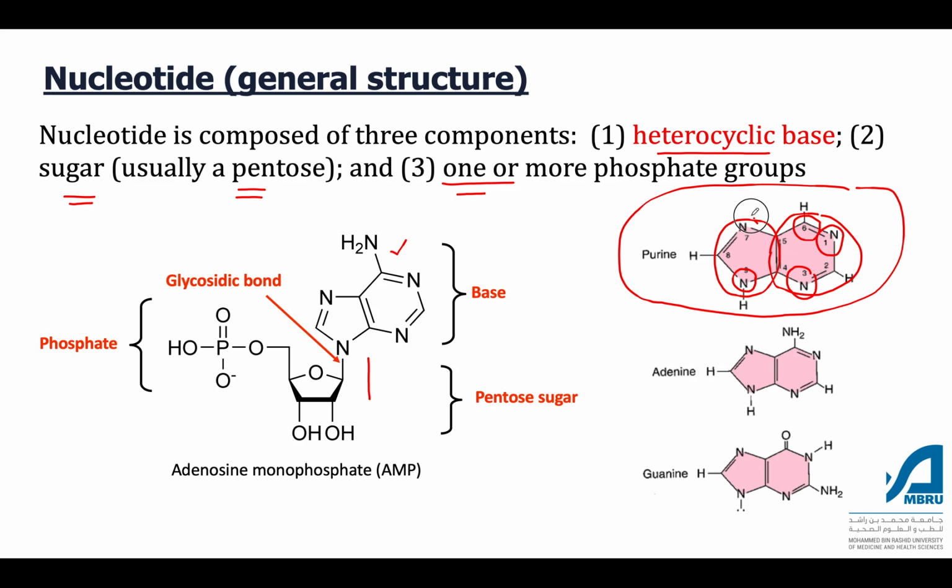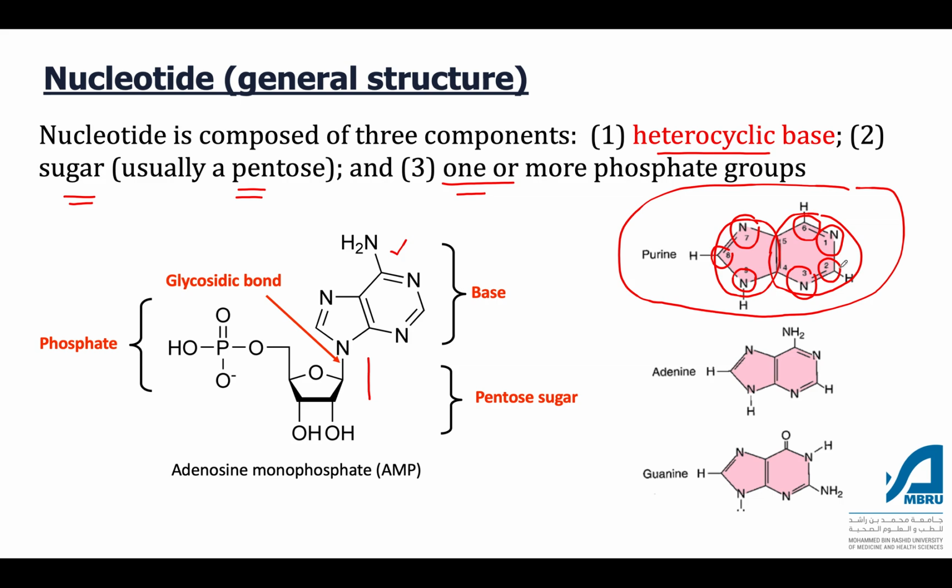This particular nitrogen at position 7 is derived from glycine, and this particular carbon here at position 8 as well as the carbon at position 2 is derived from tetrahydrofolate.